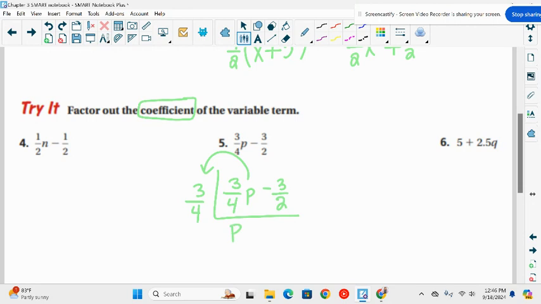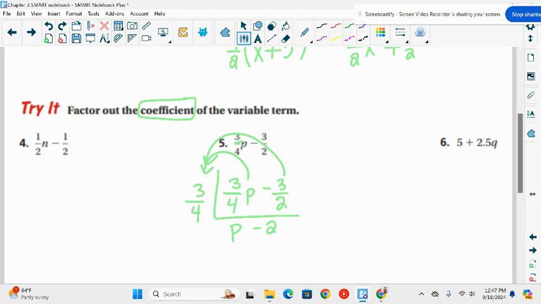I have negative 3/2 divided by 3/4. That's what I put in my calculator. Negative 3/2 divided by 3/4. Negative 2 or negative 1/2? Negative 2. You've got to plug it in the correct order.